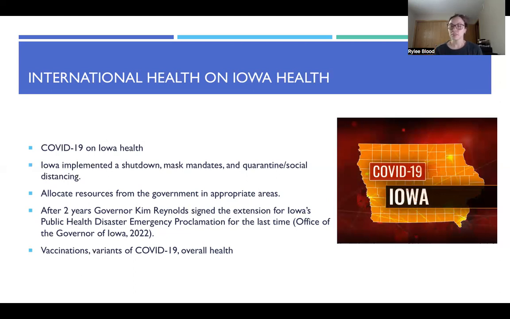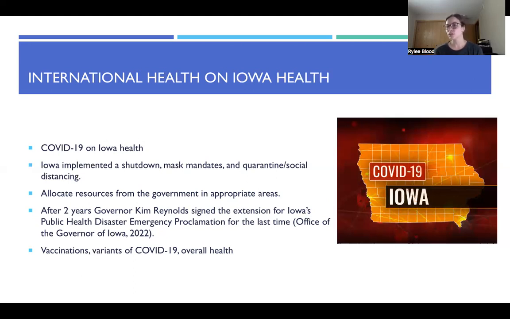So at this point, again, vaccinations were spread internationally and the variants continued to grow, but we were beginning to live our lives a little bit more normally, whatever that normal tended to be at that time. But it was a huge change for Iowa.